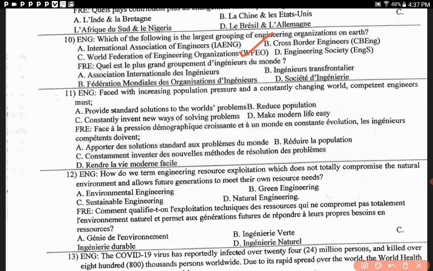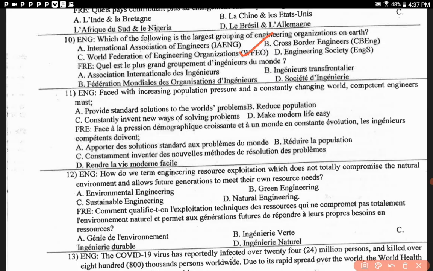Then we also have other engineering organizations, even national and international. Like if you look at option A, it says International Association of Engineers. International Association of Engineers actually exists, and it's an international association of individual engineers and researchers.